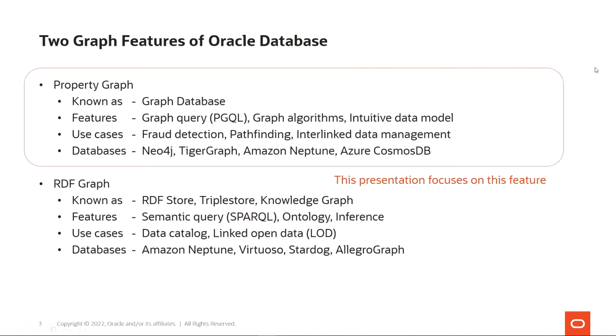What we are going to focus on today is this property graph feature support. As I said, a very generic graph with nodes and edges, and nodes and edges can have a set of properties assigned to each.